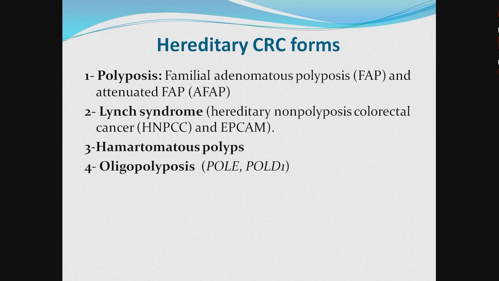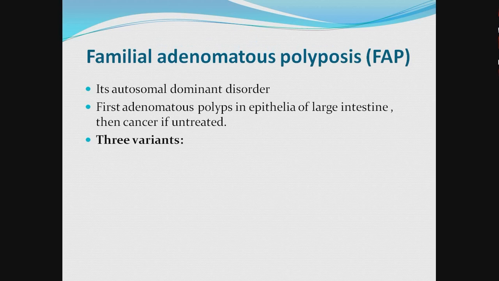Number 2 is Lynch syndrome, whose other name is hereditary non-polyposis colorectal cancer, HNPCC, and EPCAM. Number 3 is hamartomatous polyps, and number 4 is oligopolyposis, POLE, POLD1. Let me take something about each of these types.